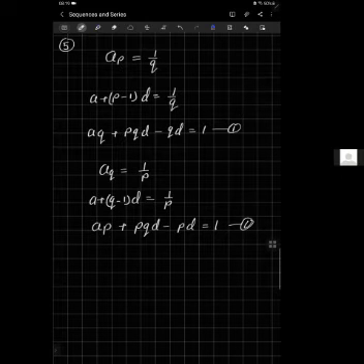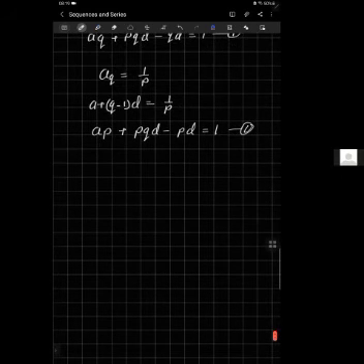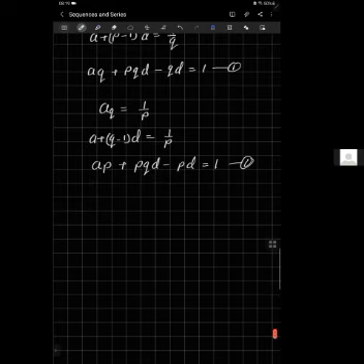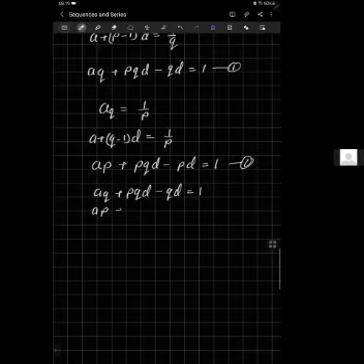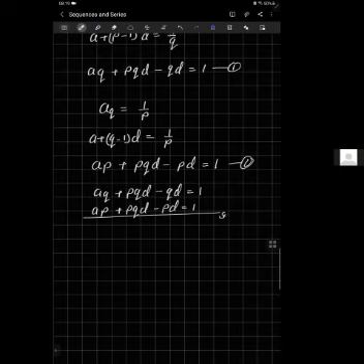This is equation 2. Now I'm solving equations 1 and 2. Equation 1 is AQ plus PQD minus QD equals 1, and the other is AP plus PQD minus PD equals 1. I'm going to subtract.